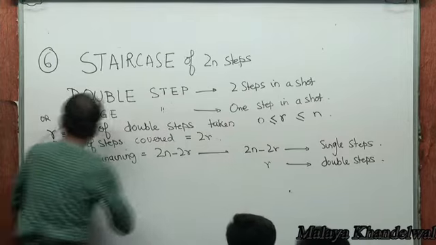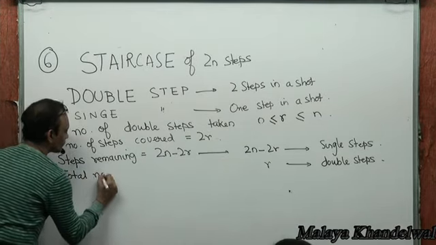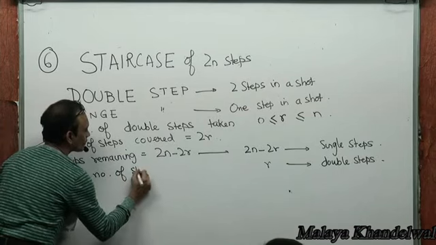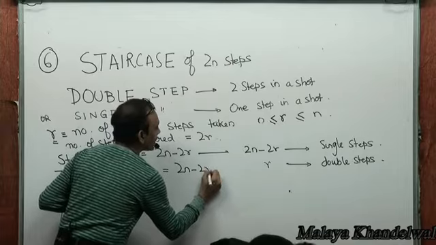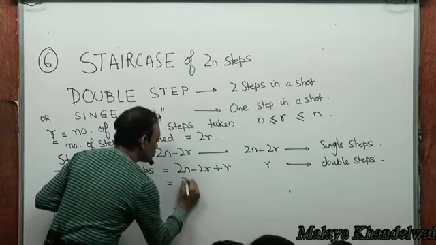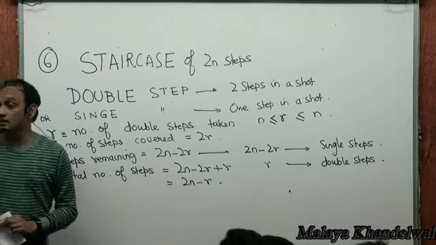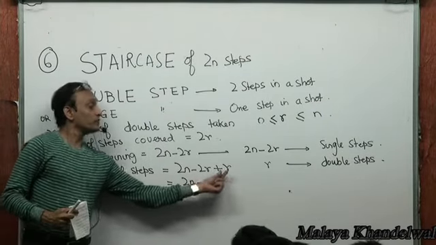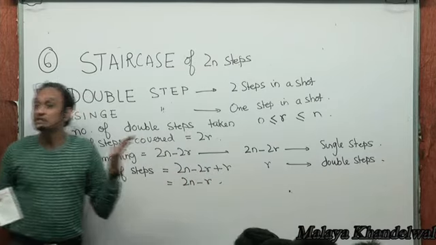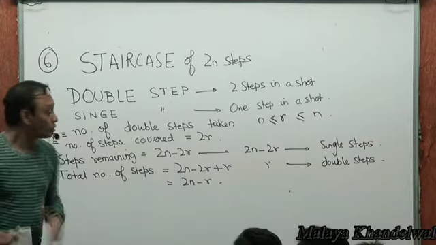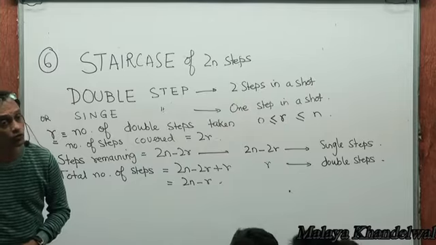So the total number of steps taken is 2n minus 2r plus r, which is 2n minus r steps, is what he has to select. That means some of them would be double steps, r double steps, and the rest single steps. Yes or no? 2n minus r steps in all.